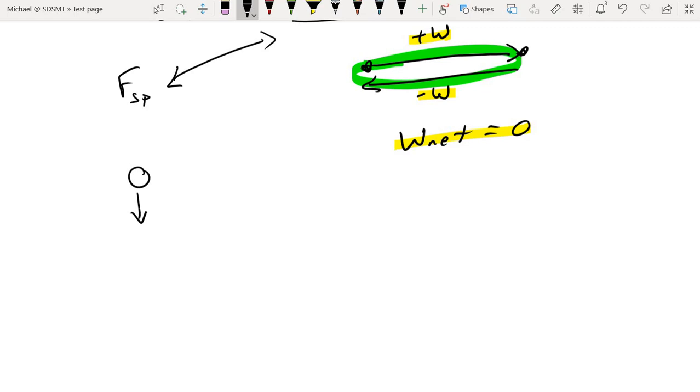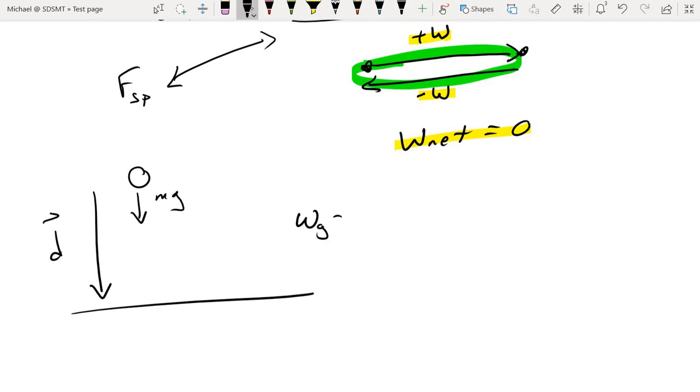So if I take a ball and I drop it a certain displacement, the amount of work done by gravity would be our gravity force dotted with our displacement, and we can go ahead and sort of skip to the end here.